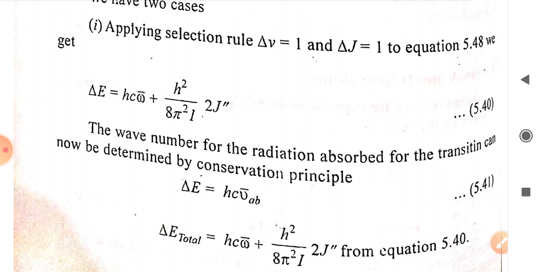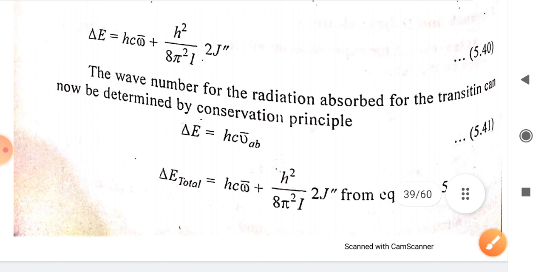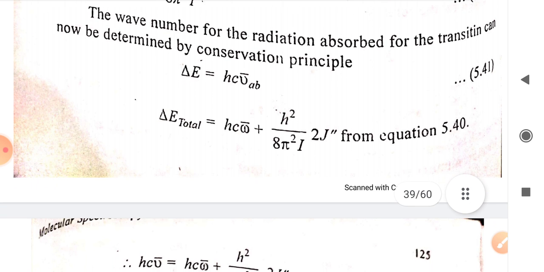Now we know that the wave number for the radiation absorbed for the transition can be determined by this formula, that is hcν̄ absorption, the radiation energy that we have used for the given IR transition. So this E total is simply equal to this.